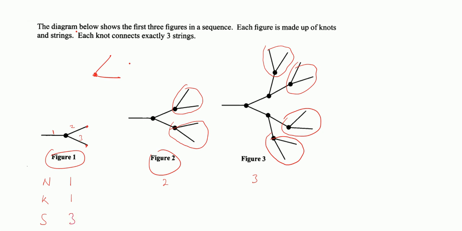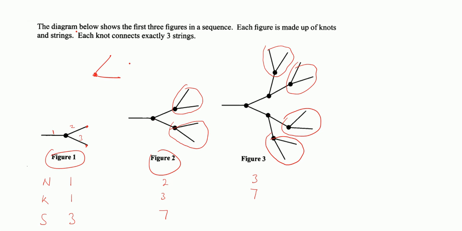In figure 2 we have 3 knots, and we have 7 strings. And then in figure 3 we have 7 knots, and we have 15 strings.